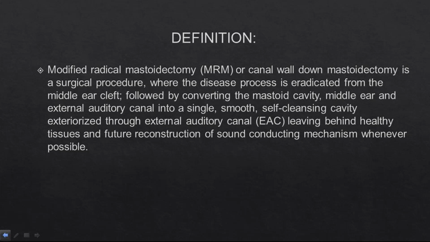So now you are isolating the middle ear, and not only that, the posterior canal wall as usual was brought down, and the mastoid and even the middle ear mucosa was totally removed, and the ossicles too, barring the footplate if the stapes is eroded, or the stapes superstructure if it is left; all the rest, malleus and incus, are removed. So that there won't be any recurrence. They were more bothered about recurrence.